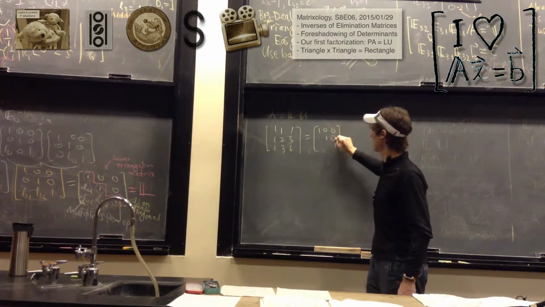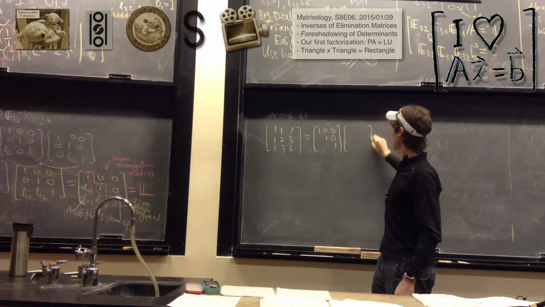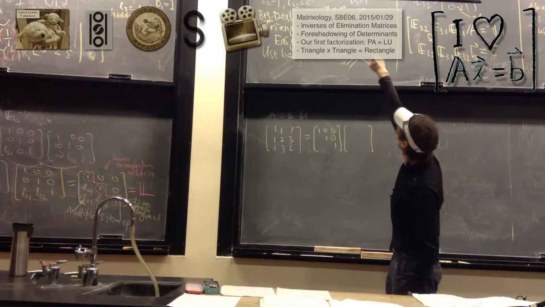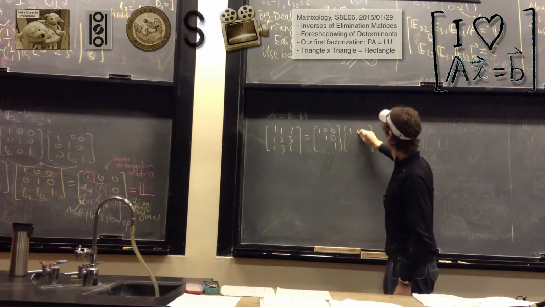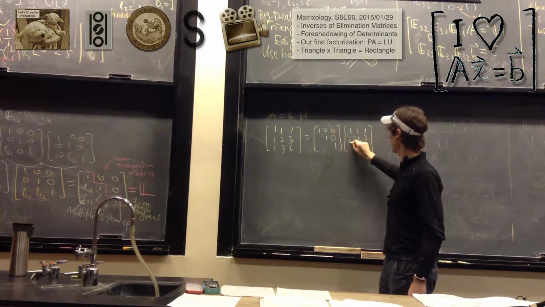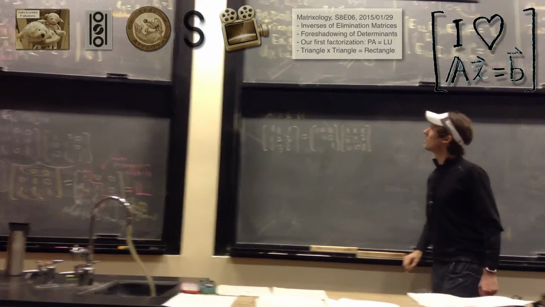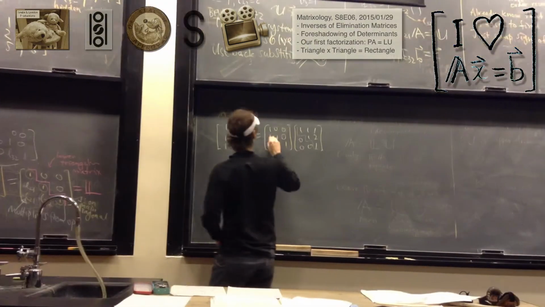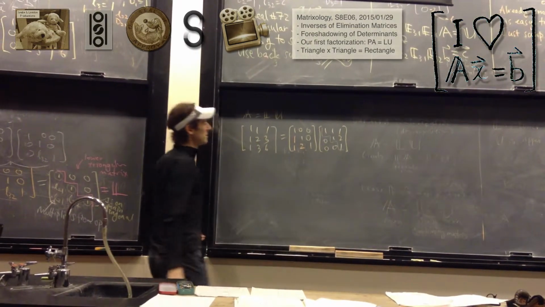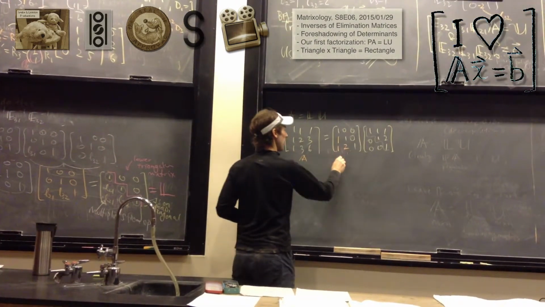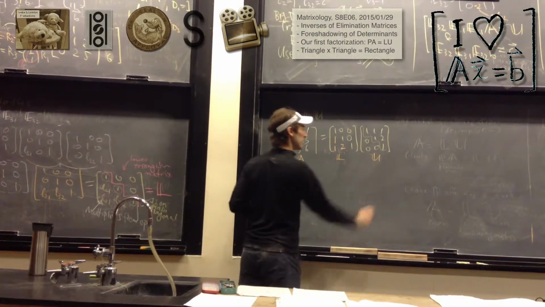And the U we uncovered, U is up there: 1, 1, 1, 1, 2, 1. There it is. It has zeros below the diagonal, and we had 1, 1, and 2 for these guys. This is A, this is L, and this is U.